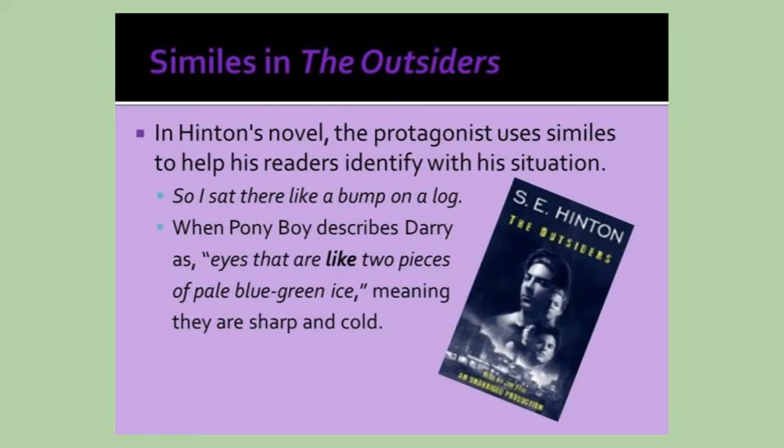When Ponyboy describes Darry's eyes as like two pieces of pale blue-green ice, it means they are sharp and cold. Authors use figurative language to get a message across that they can't necessarily do with any other type of words.